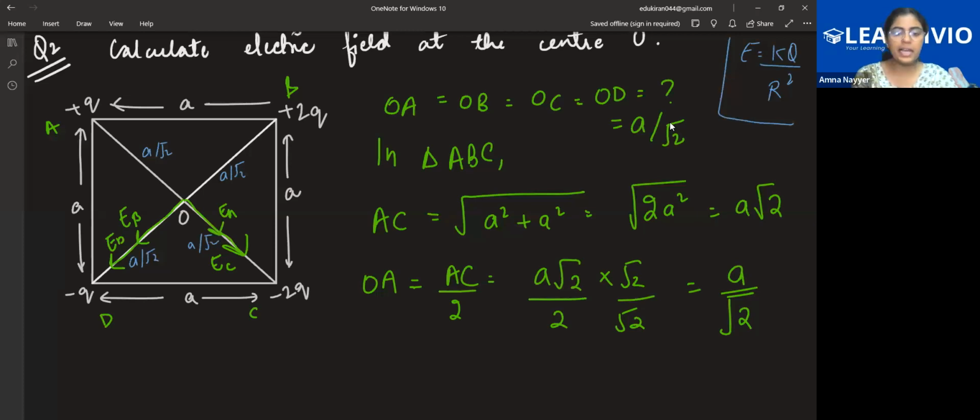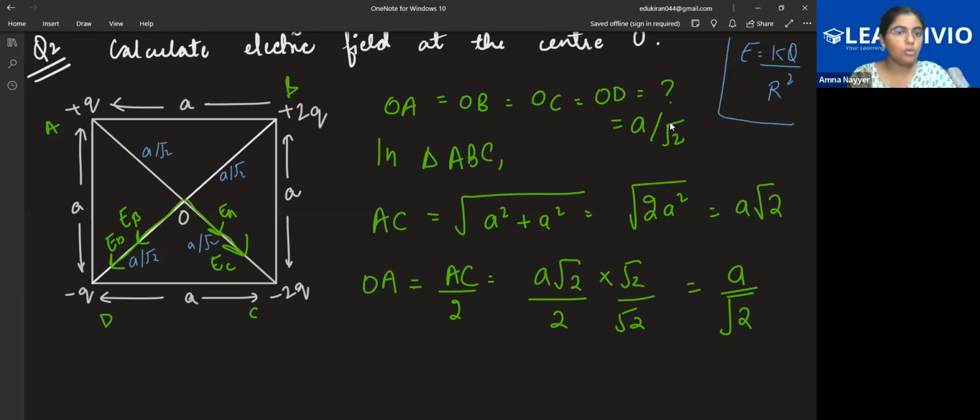Fine. Now, first let us write down the individual values of electric fields. We'll solve later how to find the net electric field. Because what have we studied in superposition principle? We have studied that you have to find out the individual electric fields first. See, 4 charges are present and we have to find out the net electric field at the center.